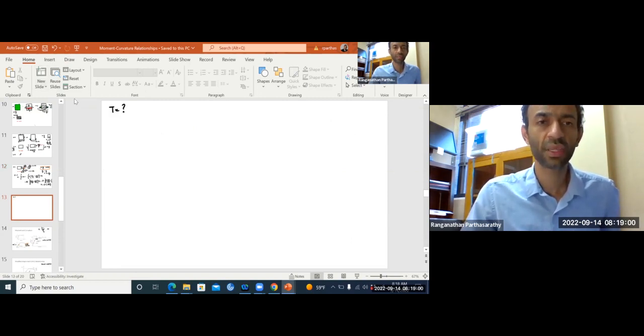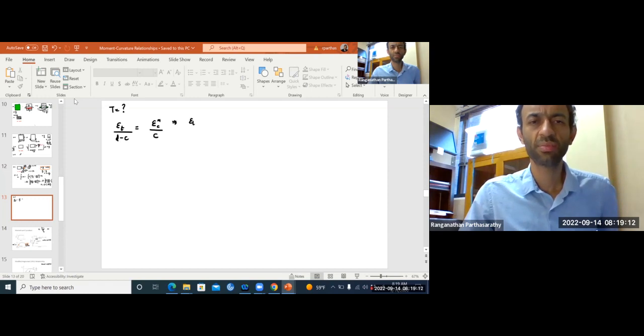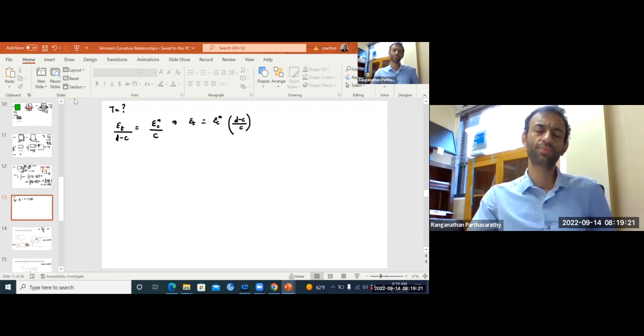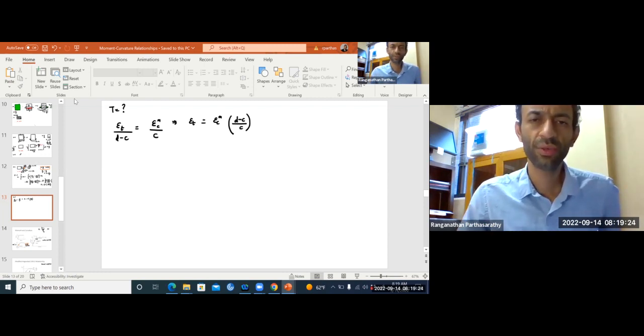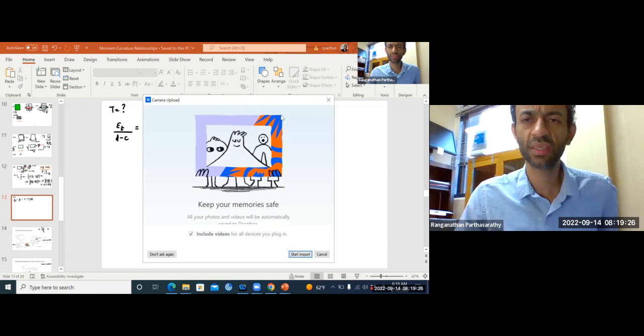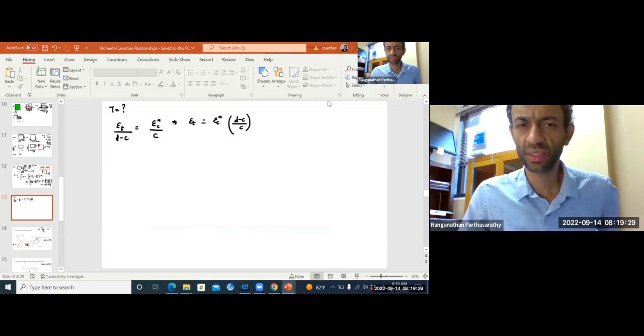We want T. Now we know that the strain in the steel divided by D minus C is the maximum compressive strain in the concrete over C. So that means epsilon T is... So do we know this? Yeah, we know this because we are doing it for a certain stress in the concrete FC, which is 0.7 FC prime.